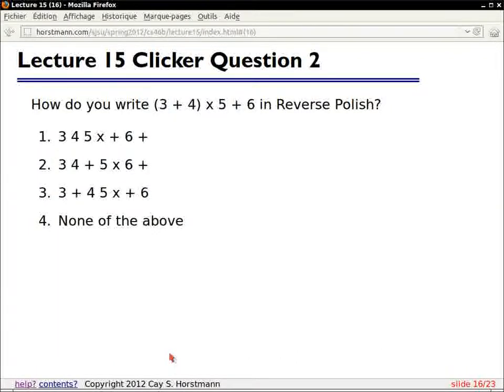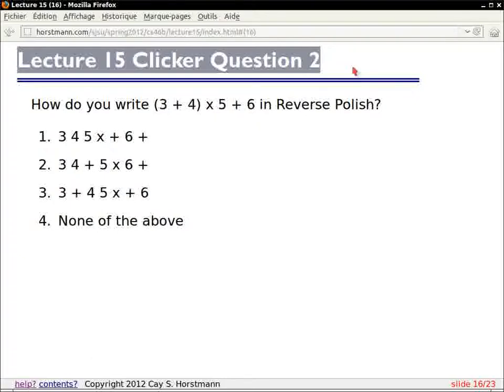All right, just for the heck of it, just to gauge our love of reverse Polish notation.